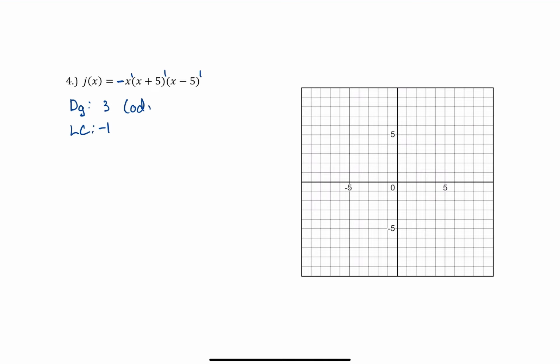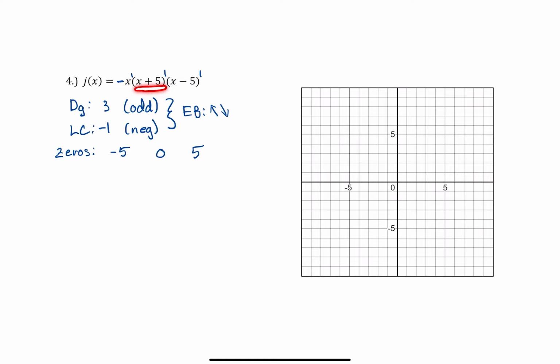So an odd degree polynomial with a negative leading coefficient will reflect the initial arrows over the x-axis, so it's going to be up to the left and down to the right. The zeros here are going to be negative 5, 0, and 5.